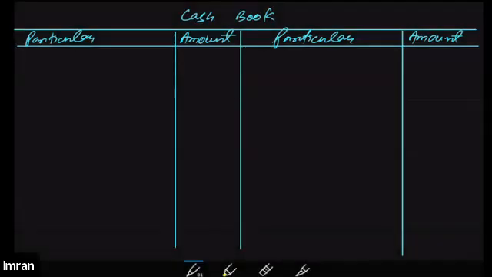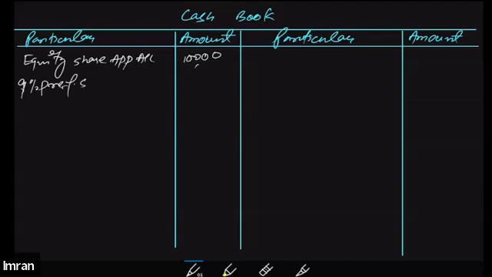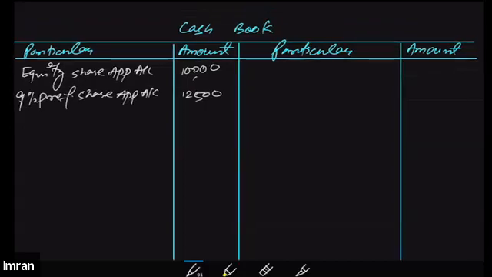So for that, we will be writing down the equity share application account 10,000, and for preference share we will receive against 9% preference share application account 12,500.